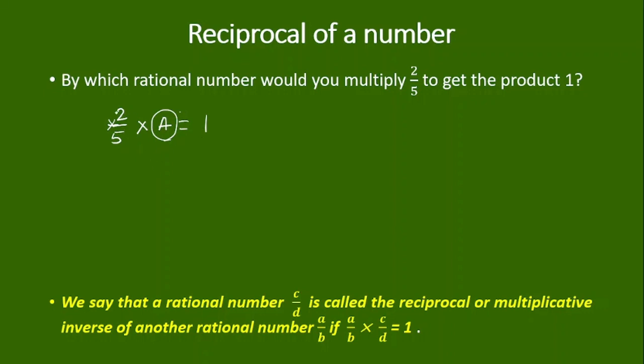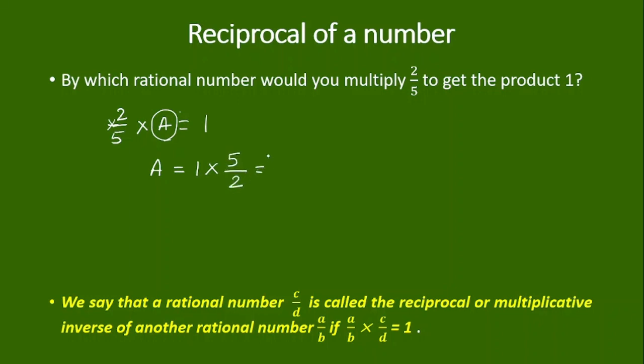For that I have to take this 2 upon 5 from the LHS onto the RHS. Here you can see that 2 is the numerator on the LHS, which will be the denominator on the RHS, and 5 is the denominator on the LHS, which will be the numerator on the RHS. So I can write this equation as a is equal to 1 multiplied by 5 upon 2.